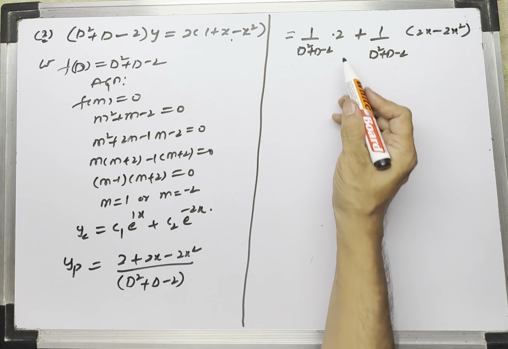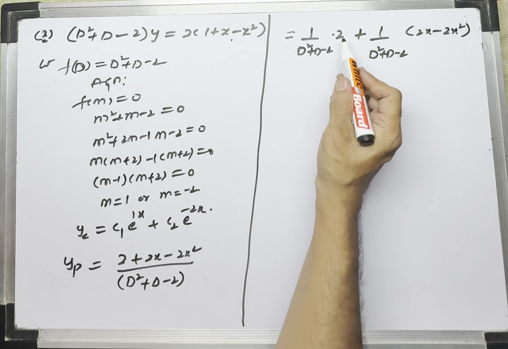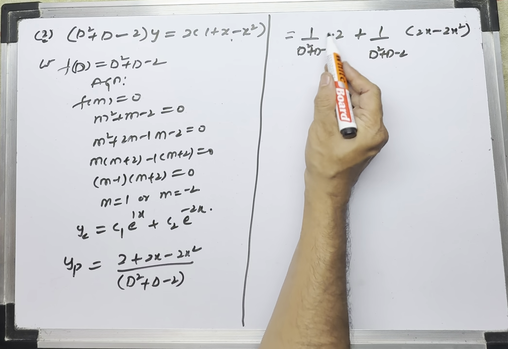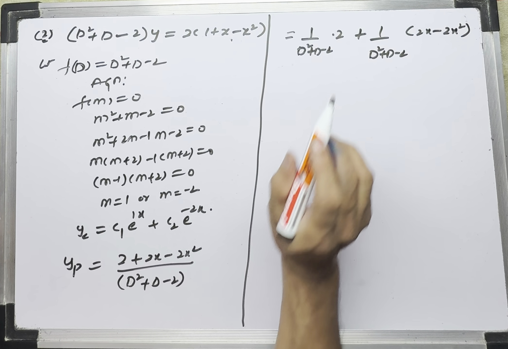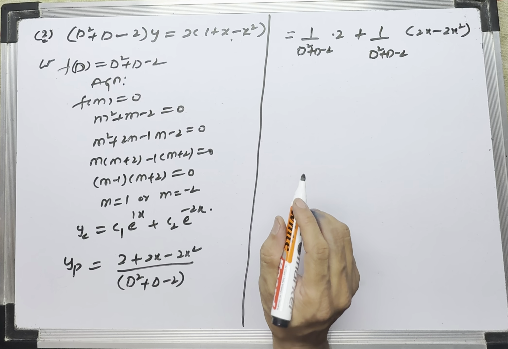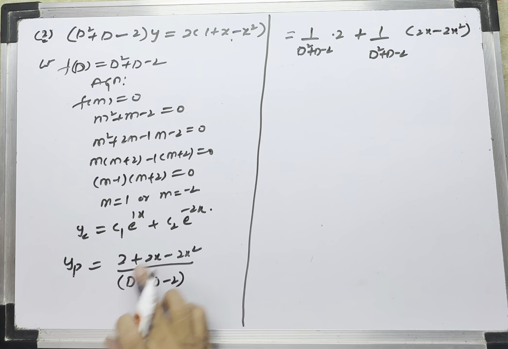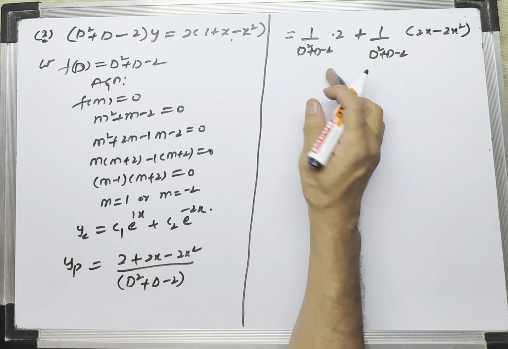See why I have considered these two outside. Whenever any constant term is there, this is our type 1, constant into e power 0x. Those who have done type 1 know this. If we find any constant here, that is our yp1.